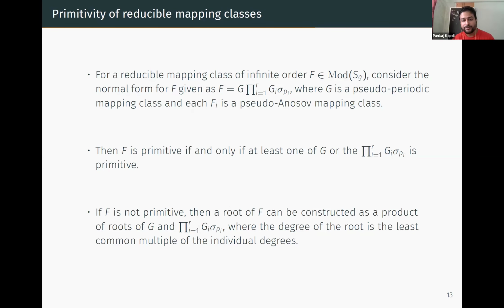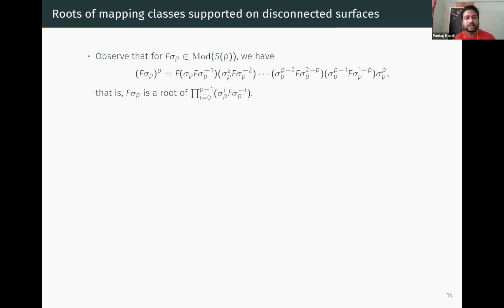Okay, so how do we construct roots of these pseudo-periodic maps, or these products of pseudo-Anosov maps supported on some disconnected surface, which are in the same orbit? Observe that if I take this f sigma_p, a mapping class supported on an orbit of size p, and take the pth power, then you'll get a product of p many conjugates, and each of them is supported on a connected surface.